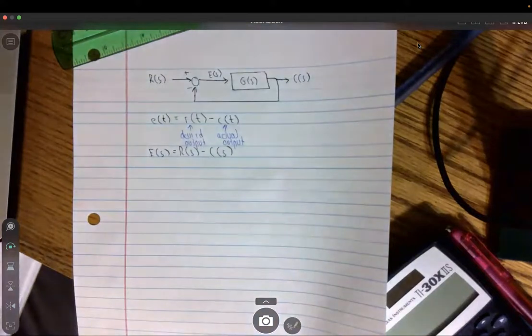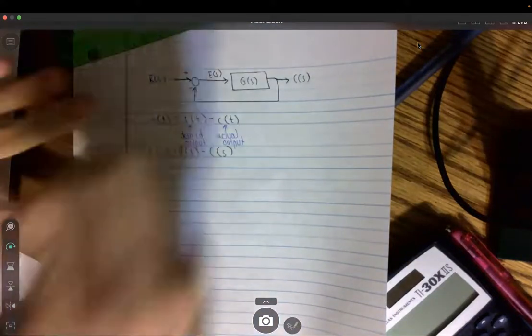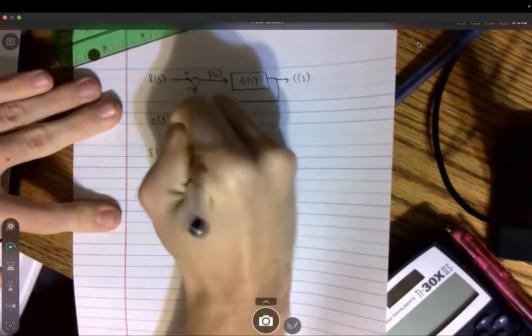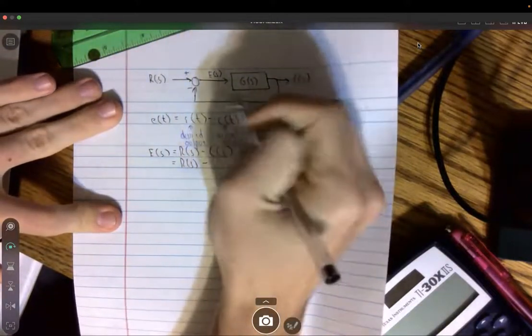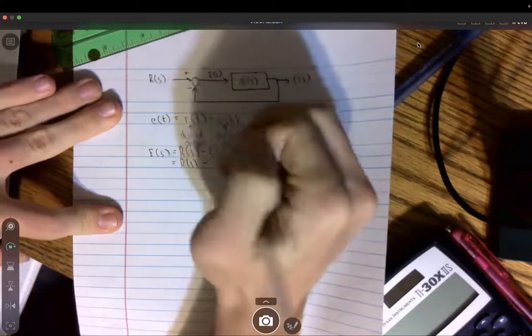And what you're going to notice from this one, of course, is your C of S can be represented here if we have our R of S. C of S is the input multiplied by the transfer function.